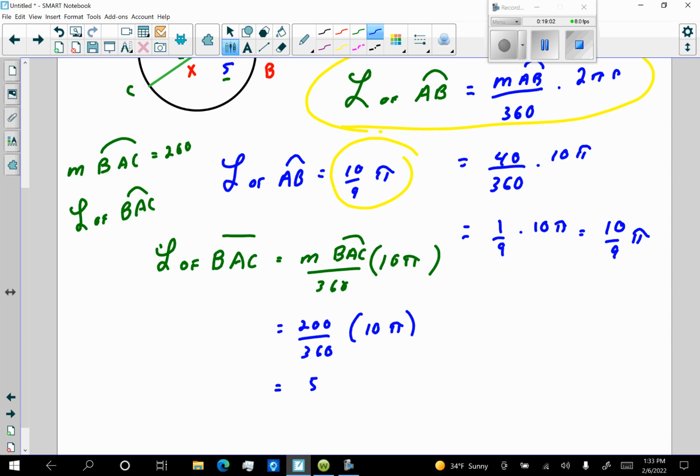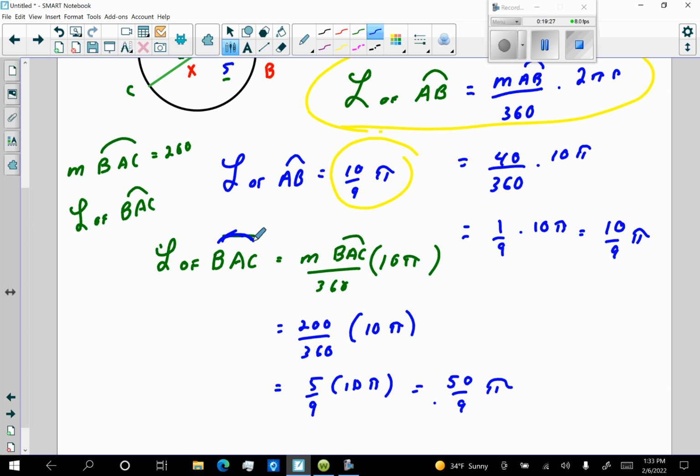So I have 5/9 times 10 pi. And we're going to write that 5 times 10 is 50/9 pi. And that's the length of arc BAC. Let's make an arc right there. Looks like a big old giant segment.